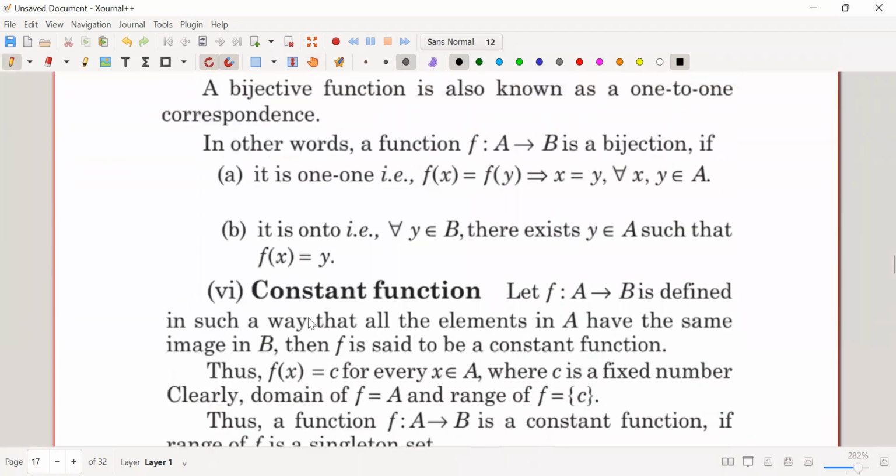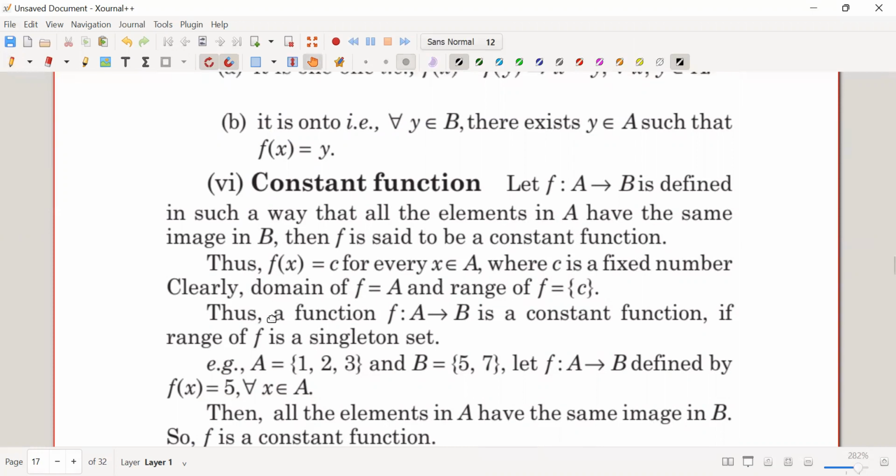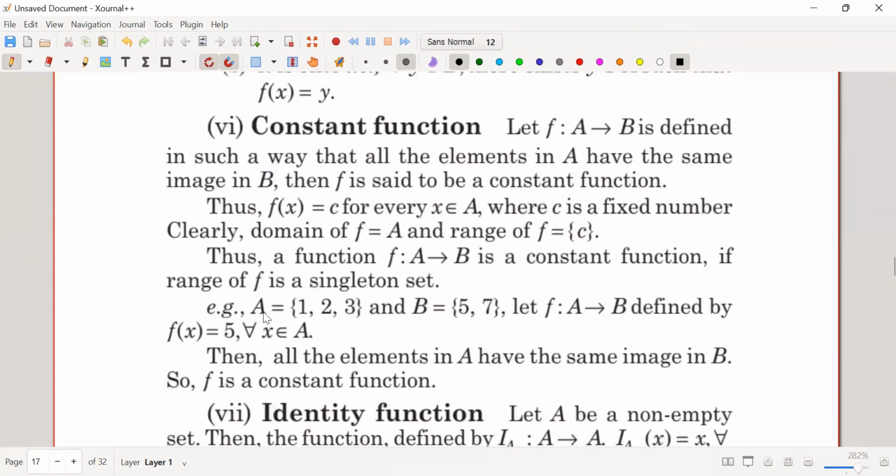What is a constant function? All elements of the domain map to only one image. 1 to 1, 2 to 1, 3 to 1, 4 to 1.